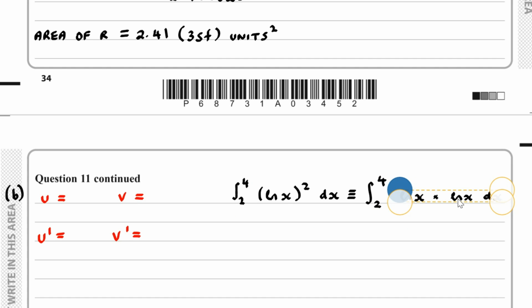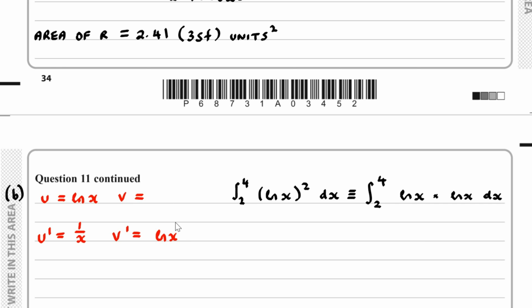So if we work all of this out, u is equal to the natural log of x, so u dash is equal to 1 over x. And v dash is equal to natural log of x.